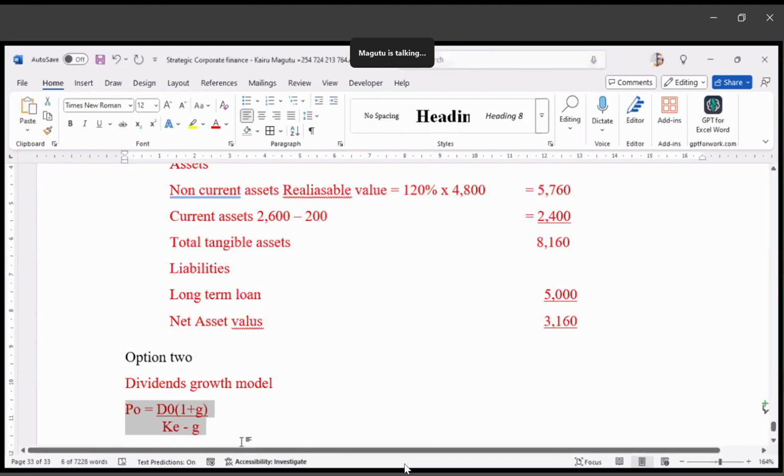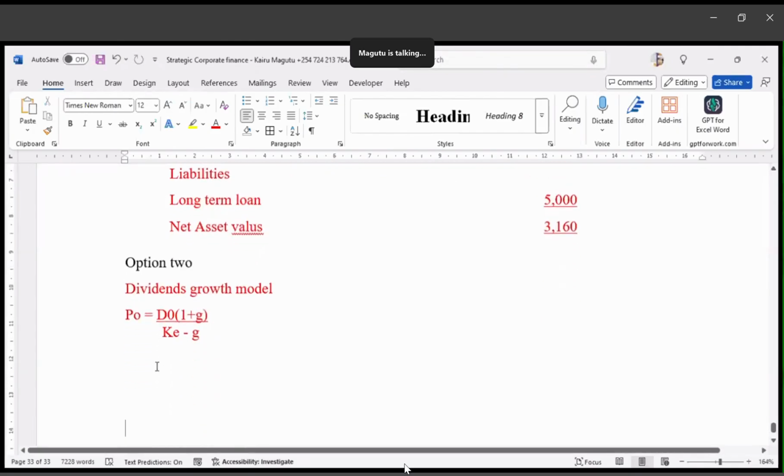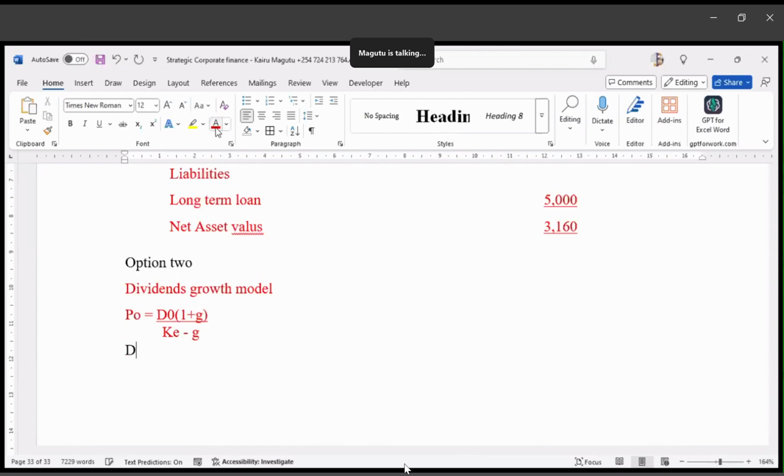That one, it looks a little reasonable. So, number one, we need to determine D naught, the dividends per share for the year just ended.